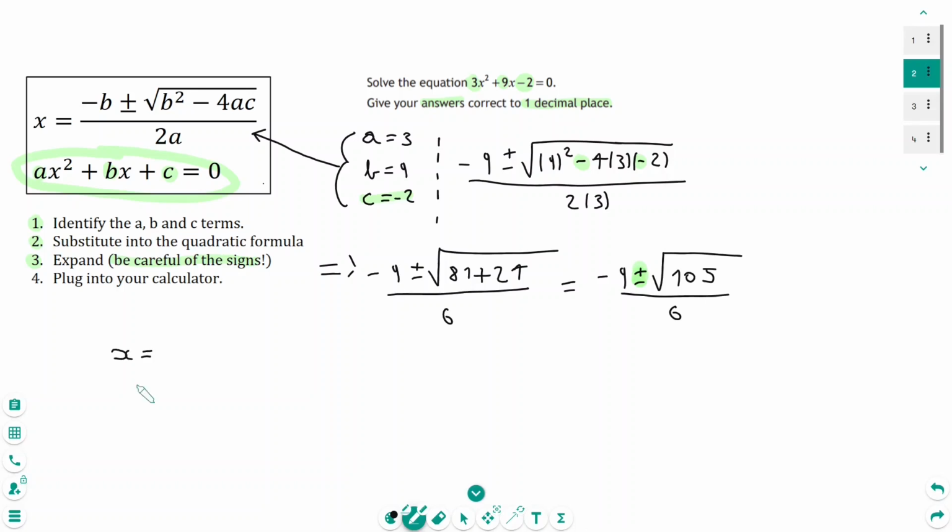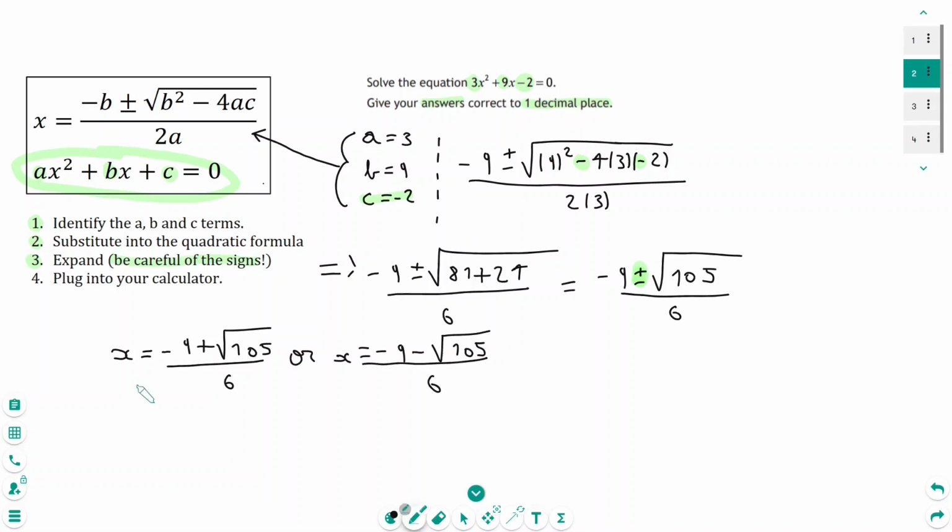That means x is going to be equal to minus 9. Let's use the plus solution first. So plus the square root of 105 over 6. Or, if we use our negative solution this time, we can have x is equal to minus 9, this time minus the square root of 105, and that's all over 6.